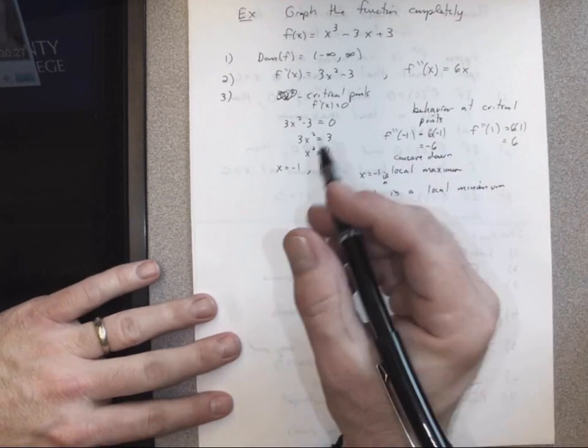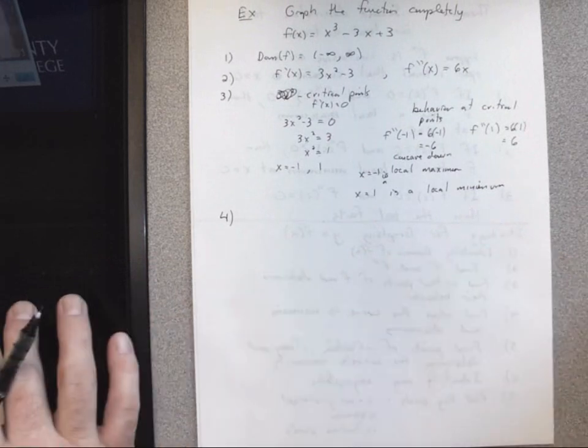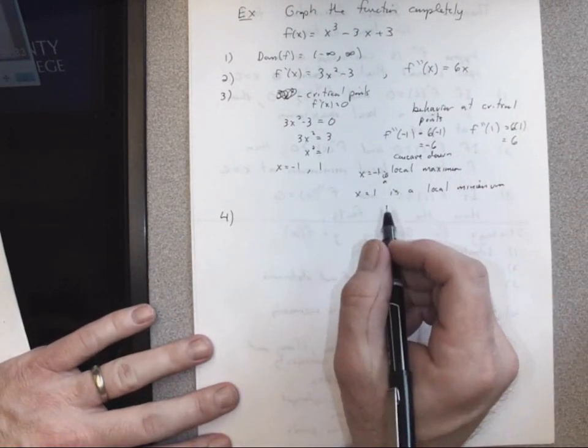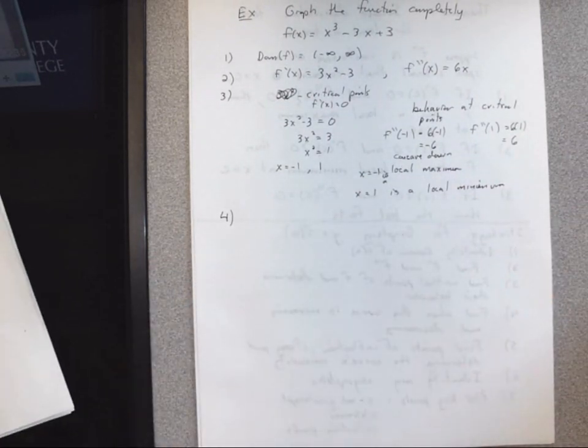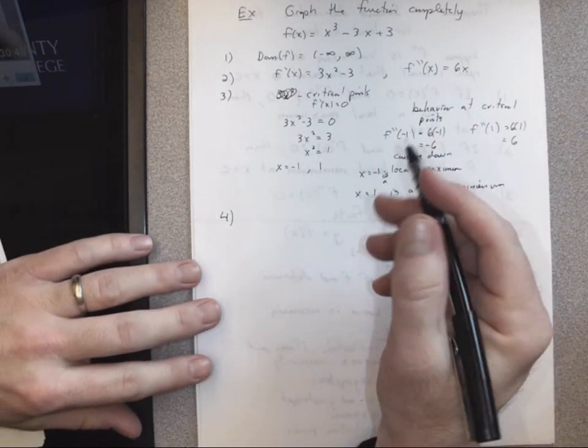All right, number 4. We're going to determine these using the first derivative test as well. So number 4 says we're going to use our first derivative test, and we're going to figure out where the function is increasing or decreasing.